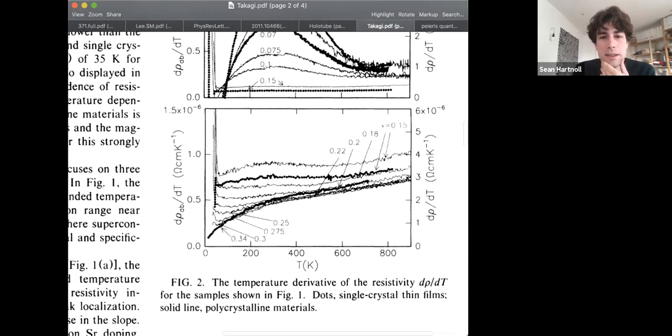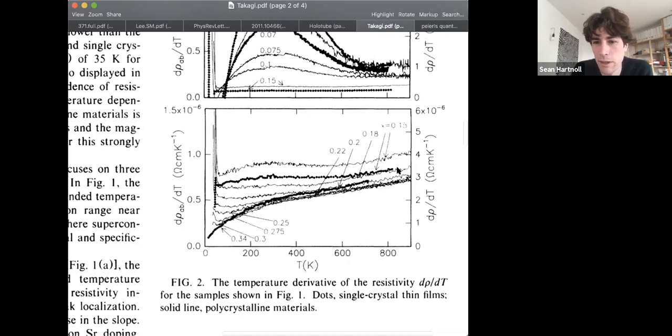There is some flattening quite close to optimal doping, the critical doping. I got told off recently: optimal doping is defined in terms of TC. What we're really talking about is the critical doping, which doesn't have to coincide with the optimal doping. Anyway, around here it does kind of flatten.